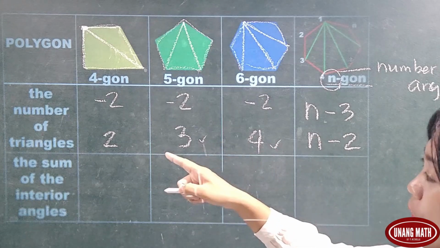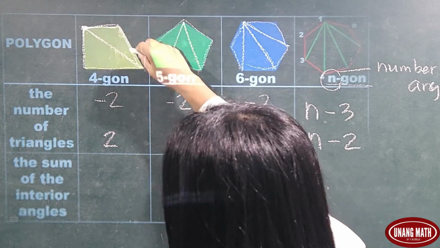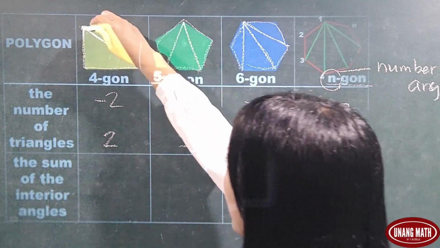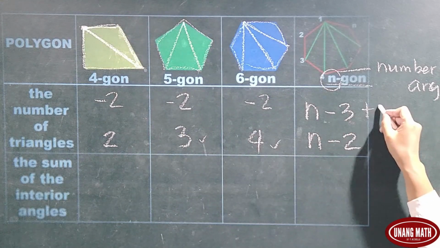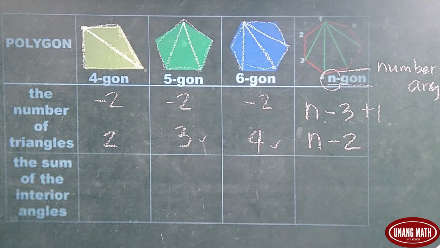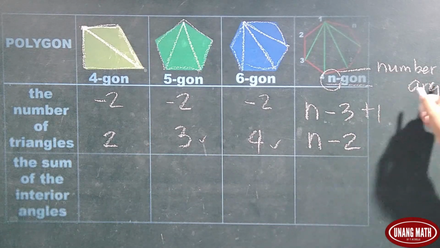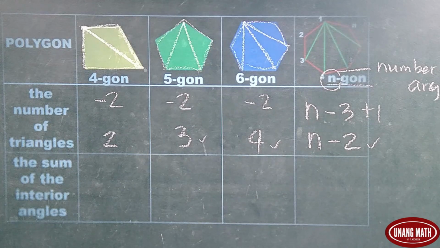But for the number of triangles, since a triangle is a closed figure, this is actually plus 1. So this is n minus 3 plus 1. So n minus 3 plus 1, that's n minus 2. So to find the number of triangles, the number of angles minus 2.